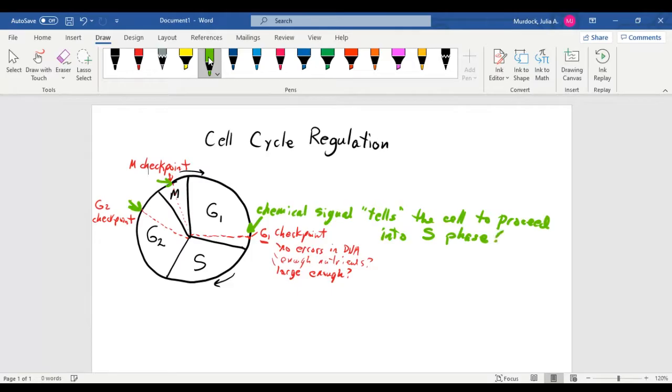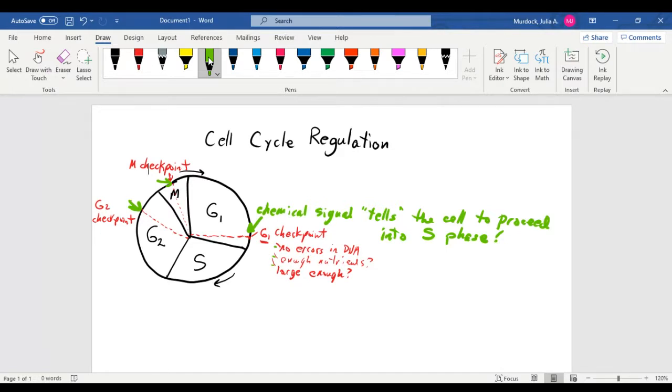So if that chemical signal is successfully there and successfully transfers its signal, the cell will start replicating its DNA and entering the S phase. If not, if any of these things are not true or there's some problem, then something else might happen.